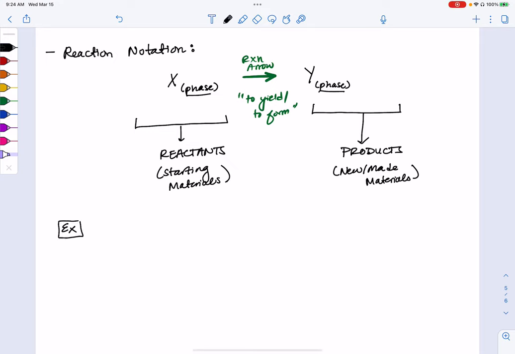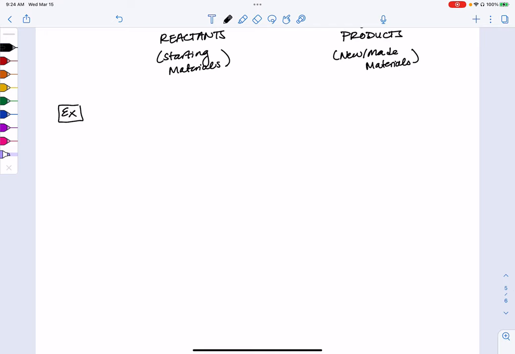So for example, let's look at the decomposition of sodium bicarbonate.